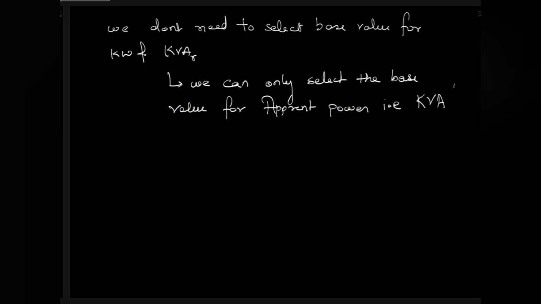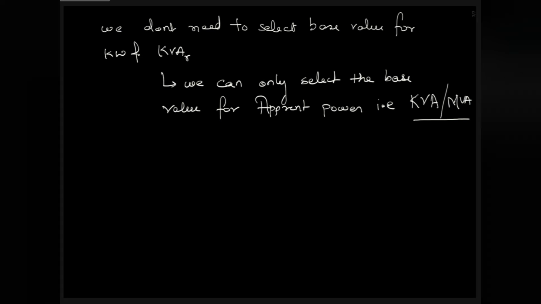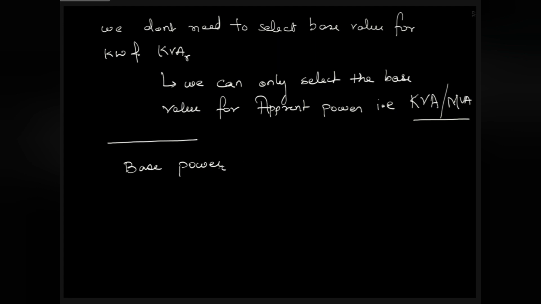Okay, it can be given in kVA or MVA. So you select the base value according to this. Now, if we select base value of power and voltage, then we can calculate the base value of current and impedance, right?